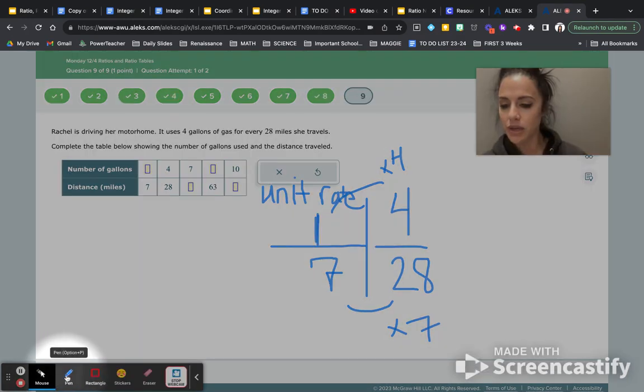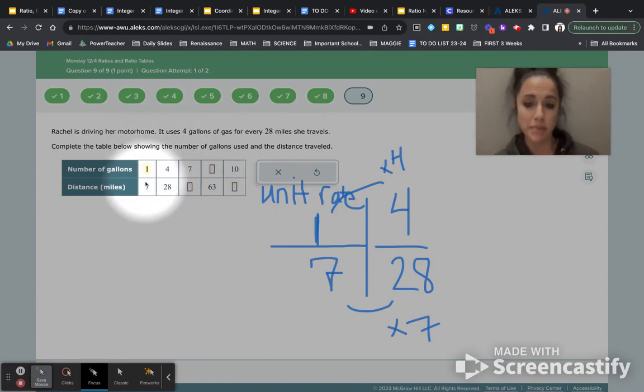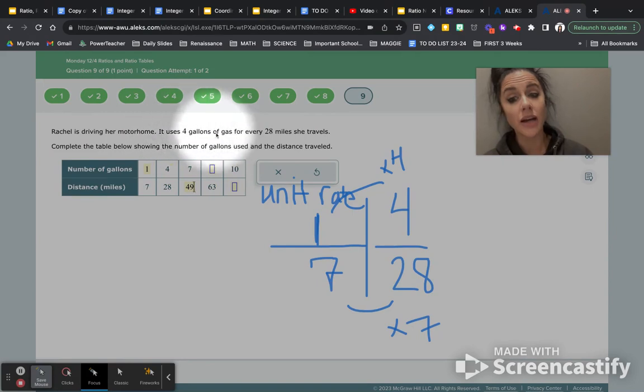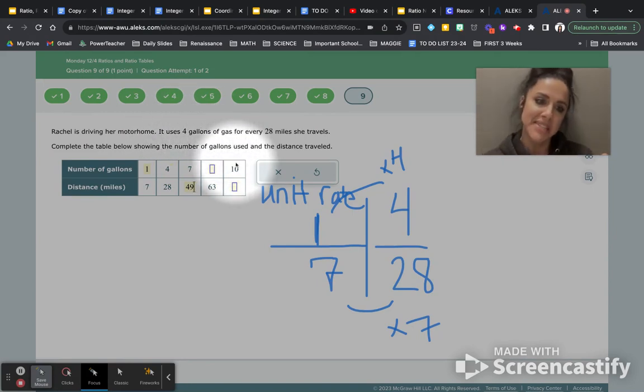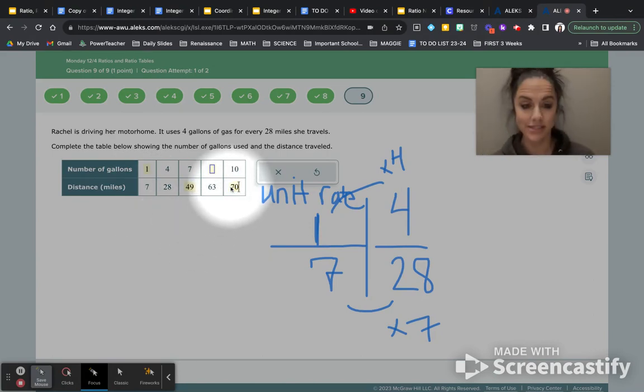Okay, so for every 1 gallon, I drive 7 miles, right? So if I'm taking 1 times 7, I'm going to take 7 times 7, and I'm going to get 49. Okay. Then I ask myself 1 times what gets me 10? 10, right? So that means I need to take 7 times 10, and I'm going to get 70.